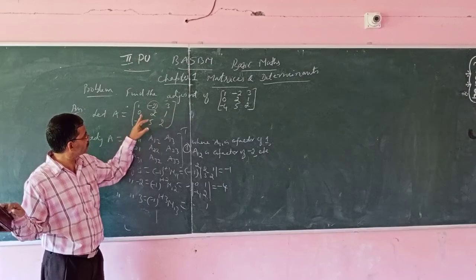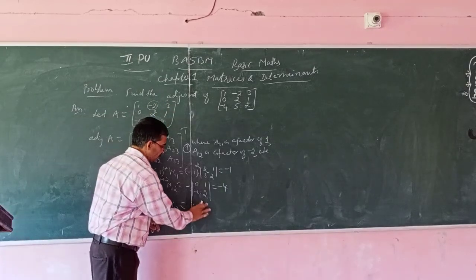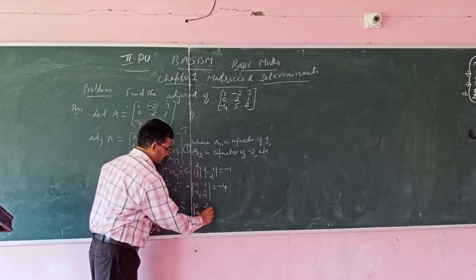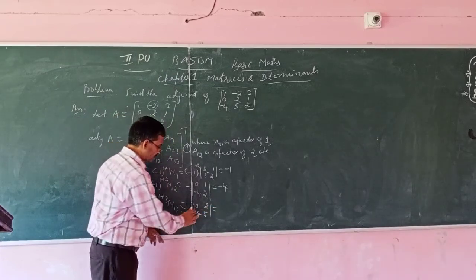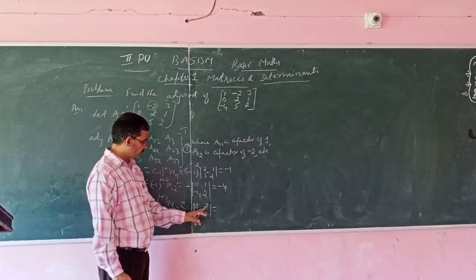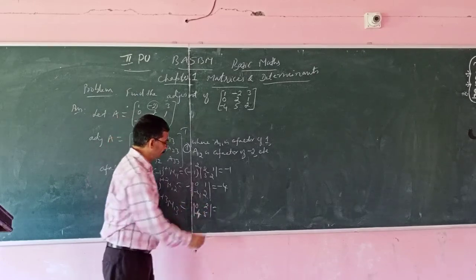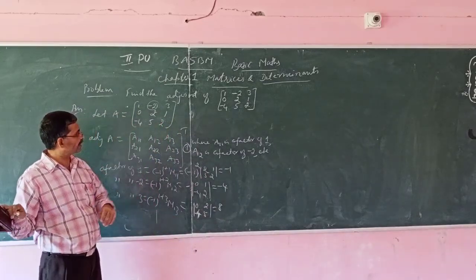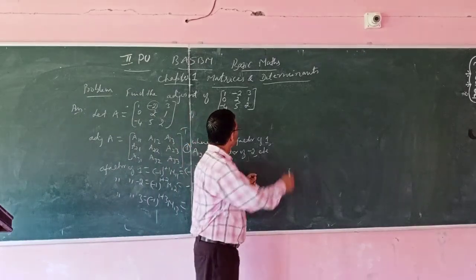Take the remaining 0 2 minus 4 5. All simple calculation only. This is 0 minus, 2 into minus 4 is minus 8, but a minus sign is already there, so plus 8. Next one, same way, cofactor of 0.